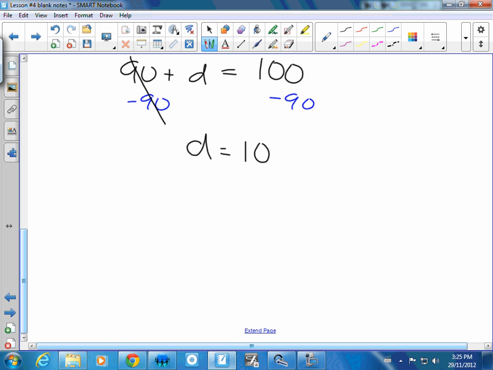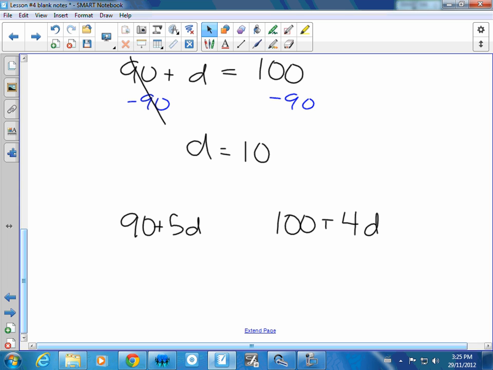What was the first one I wrote down? 90 plus 5D. And what was the other one? 100 plus 4D. Now, in reality, I don't want to make that an equal sign. I want to make this an inequality. Which one is it?